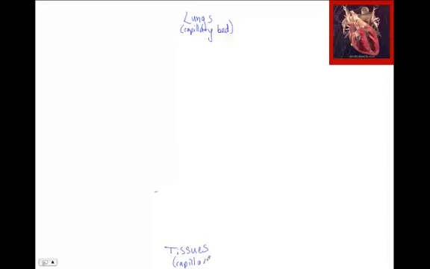Okay, so let's start here at the tissues. So again, at your tissues, this is where your exchange of oxygen and carbon dioxide is going to happen. And this is where, again, remember that oxygen is being brought to the tissues. So oxygen is going to move from blood, okay, to the tissues.